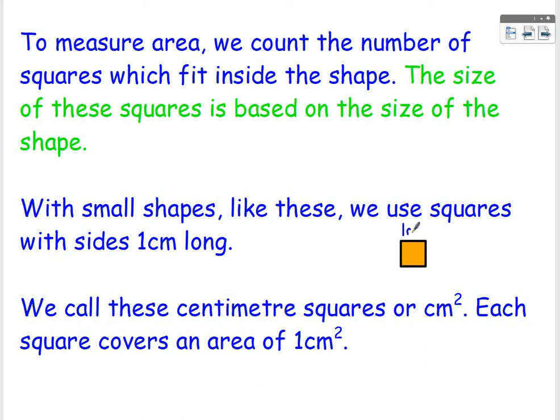So 1 centimetre horizontal distance, 1 centimetre vertical distance. Now, the sort of area we're talking about here is your thumbnail. Your thumbnail is roughly about 1 centimetre by 1 centimetre. We call these centimetre squares, or cm squared for short. Each square covers an area of 1 centimetre squared.